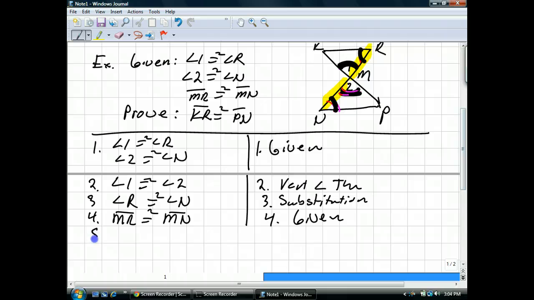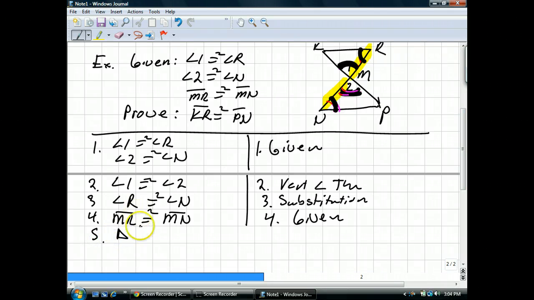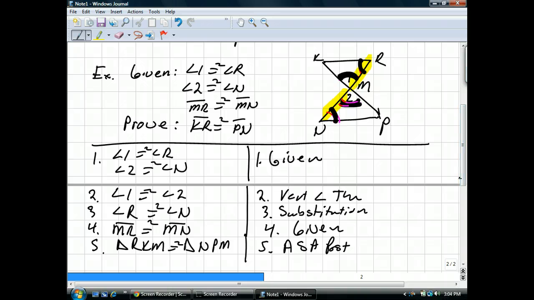So I can say that triangle RKM is congruent to triangle NPM. And we concluded that by the angle side angle postulate. Okay? But if the triangles are congruent, then their parts must be congruent.